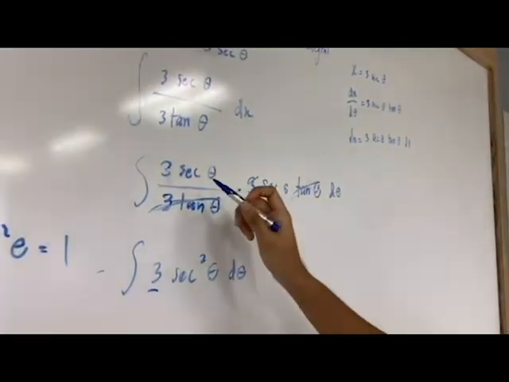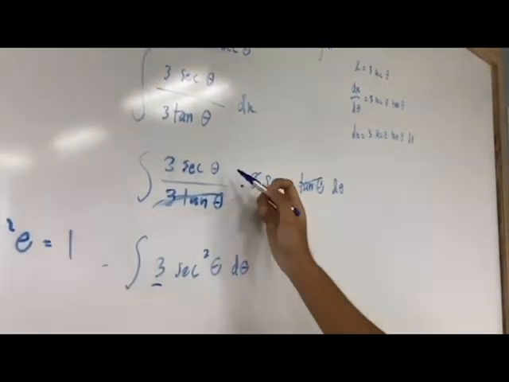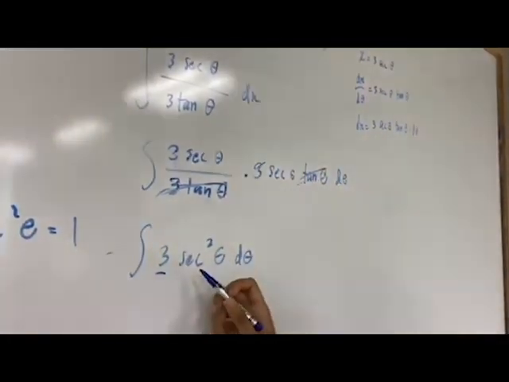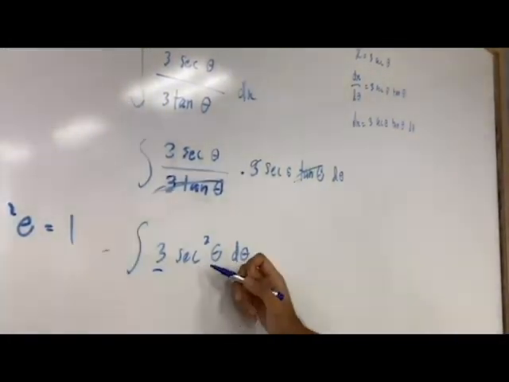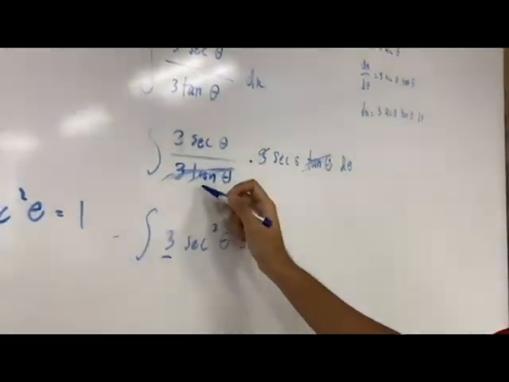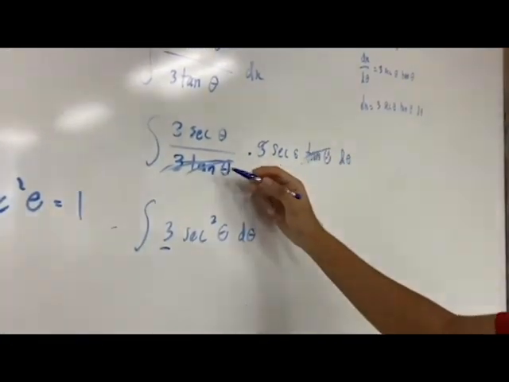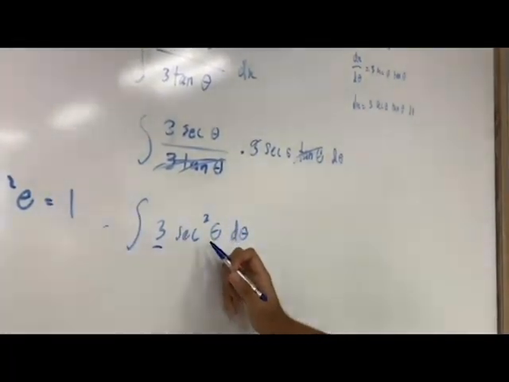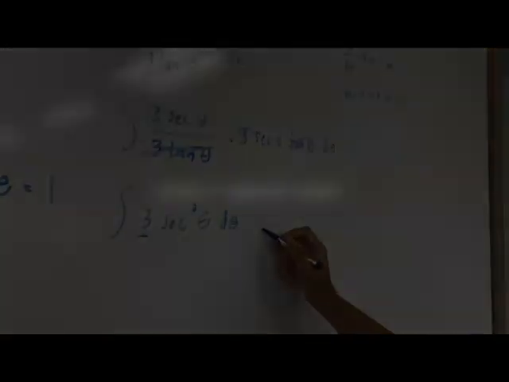Then secant theta times secant theta, you will get secant squared theta, and then tangent theta. You can cross it out because it's up and down, and the final answer you will get is the integral of 3 secant squared theta d theta.